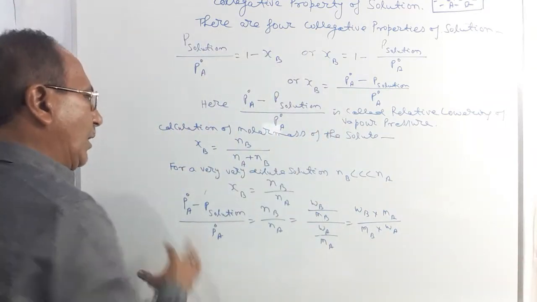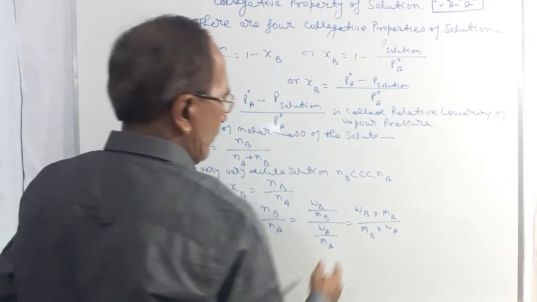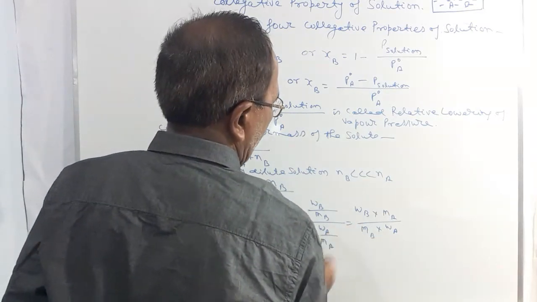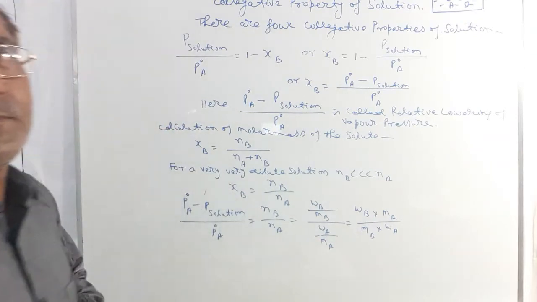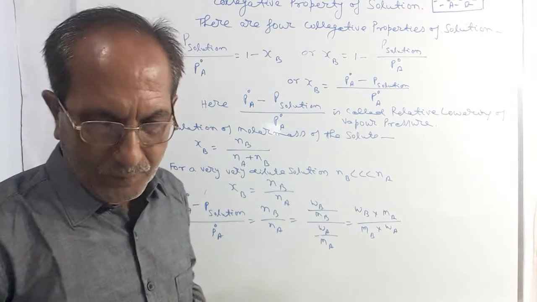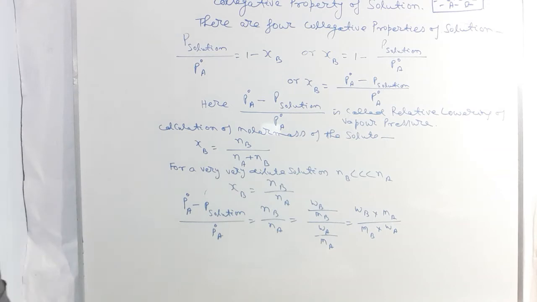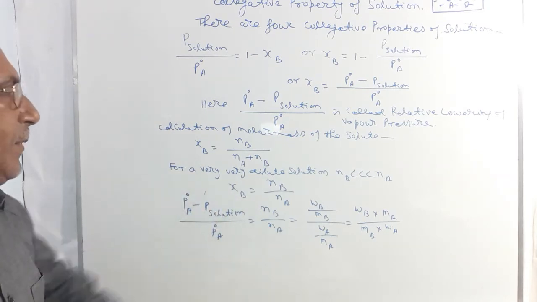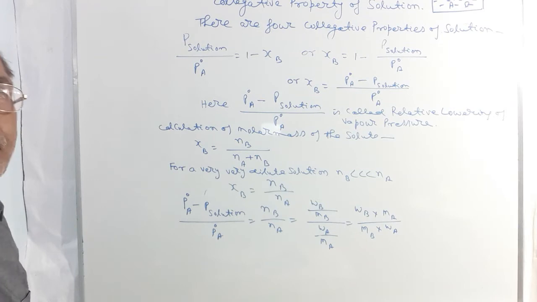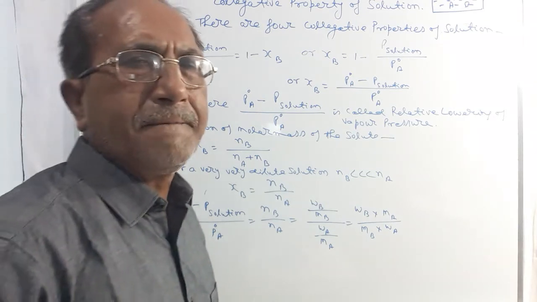By knowing all these things, you can calculate the molecular weight of solute MB. Clear? This is why WB into MA by MB into WA is the relative lowering of vapor pressure. Clear?